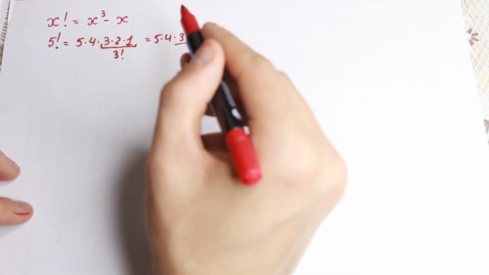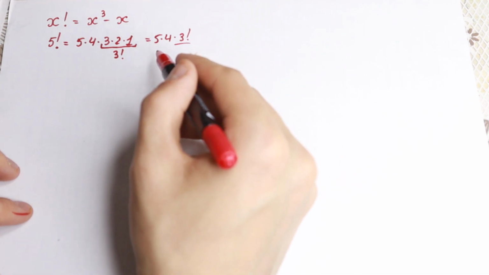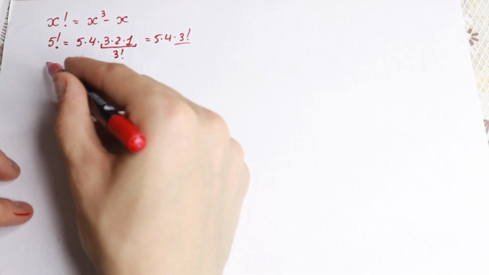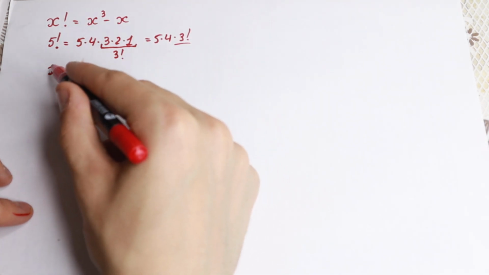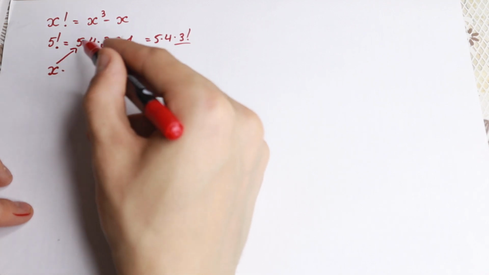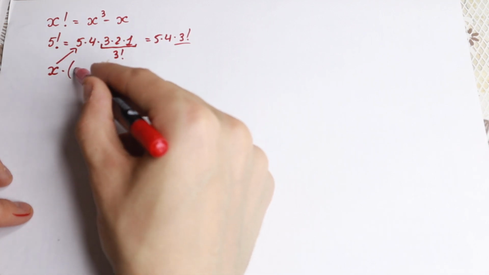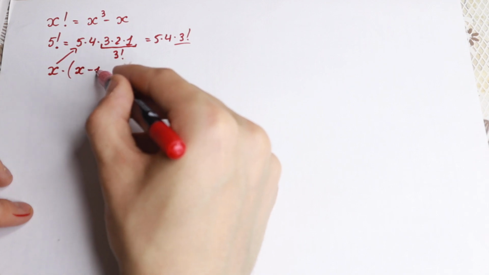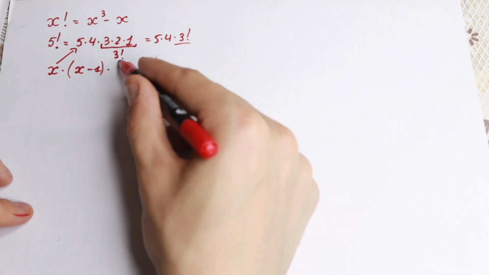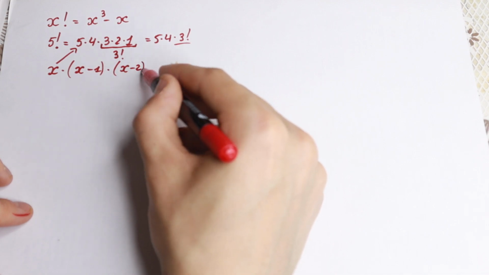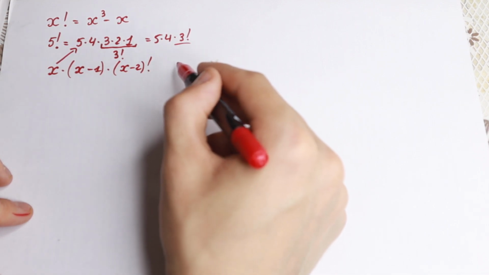Because if we have x factorial, how can we rewrite it? It goes like x times the previous one. So this is our x, then x minus 1, times x minus 2, times x minus 3. But I want to write it, for example, as x minus 2 factorial. I don't want to write all of these elements with this product.